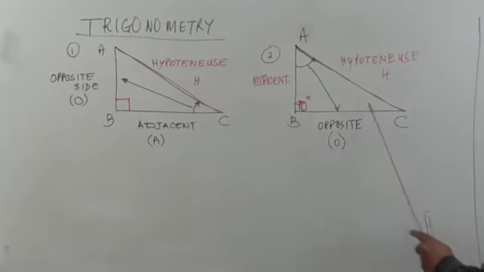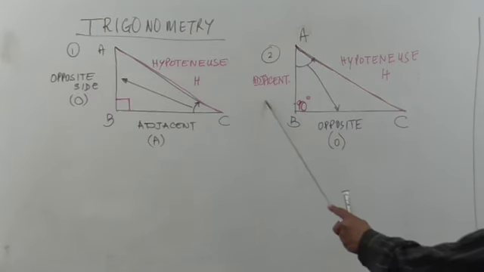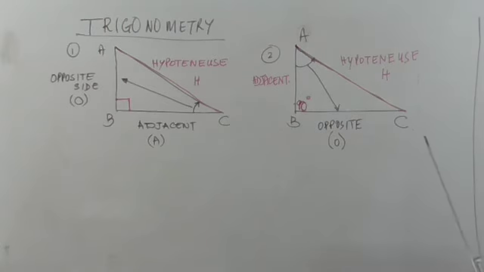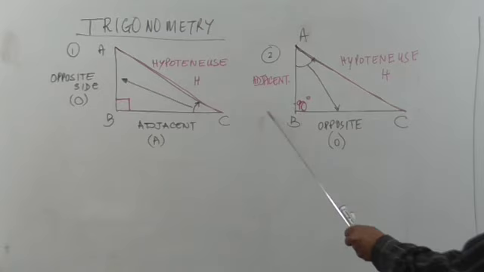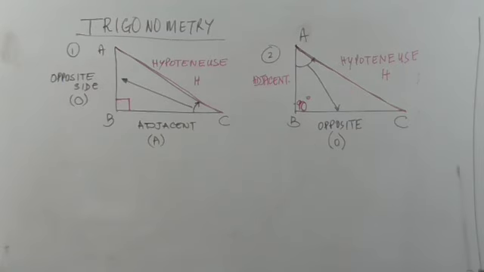So once you work out the hypotenuse and opposite side, the remaining one will be the adjacent side. Okay, that's the first two things you're going to learn in this session.